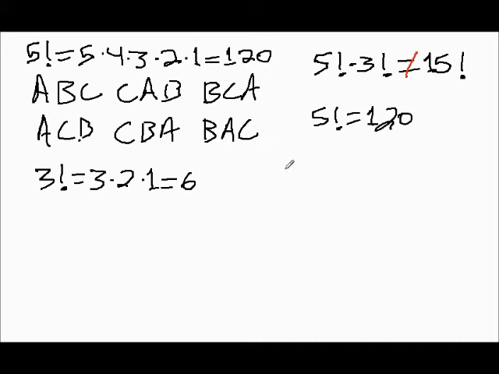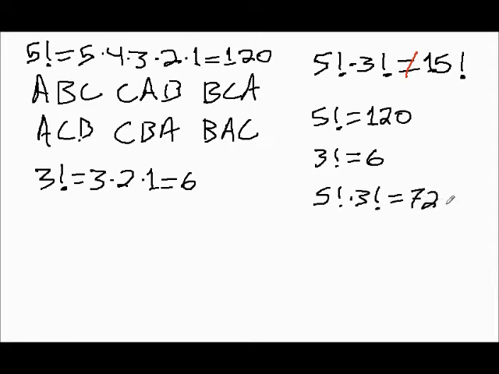My penmanship is bad, but that too is really bad. 120, and 3 factorial is 6, which we just did right there. So 5 factorial times 3 factorial is 120 times 6, or 720. Now you go ahead and work out 15 factorial. That is way larger than 720, okay? Because 15 factorial would be 15 times 14 times 13 times 12, etc.